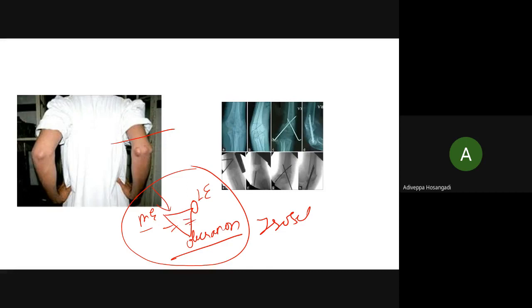Some books have given equilateral triangle, but don't try to learn geometry in this. What is important is you should be able to compare this to the normal unaffected side. They should be symmetrical. In supracondylar fracture, the 3 point bony relation is not affected.